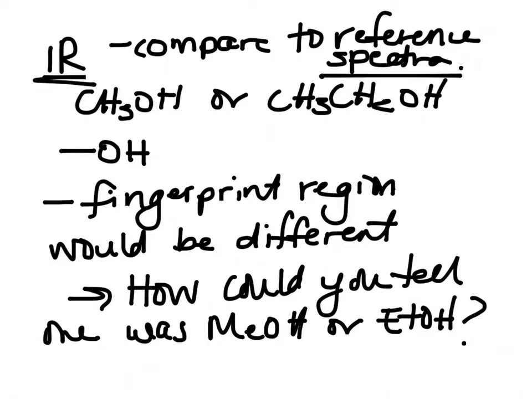Which you are familiar with this. Now what I'm going to do is I'm going to teach you how to use proton NMR to determine the structure of a molecule. And this would allow you to determine the difference between methanol and ethanol.